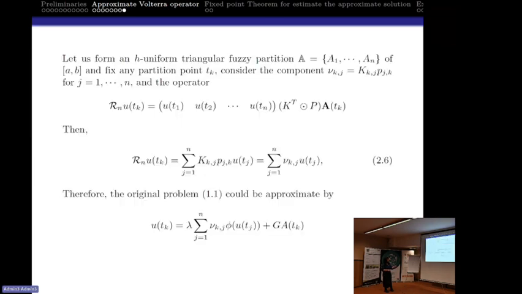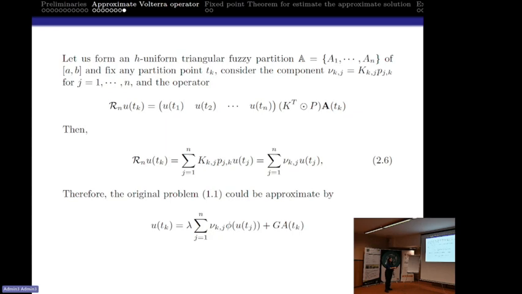Here let's compute at any partition point tk, and we will express RNU tk like this.